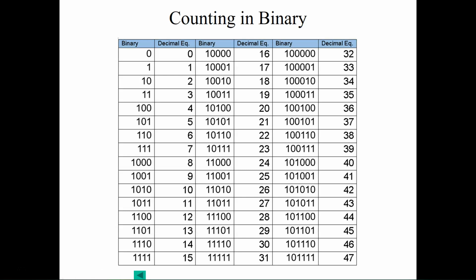Now look at something kind of interesting. 2 had only 1 zero behind it. 4 had 2 zeros. Double 4 to 8, got 3 zeros. 16 has 4. If we go down to 32, you have 5 zeros. Might just be an easy way to keep track of binary for you. Does all that make a little more sense now?